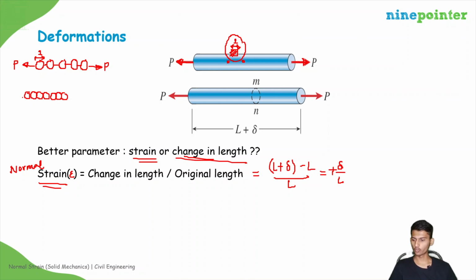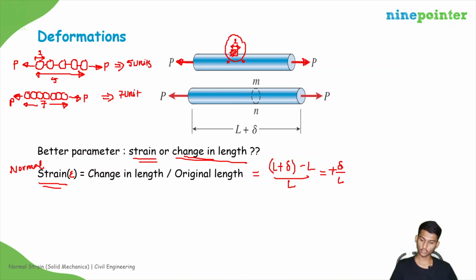Here 7 unit blocks, and let us apply P. This total length is 5, this is 7 units, right? In the second case the change in length will be more, and in the first case the change in length will be less. Suppose the first is elongated by 5 units, then the second will elongate by 7 units for the same load, because the load is same.